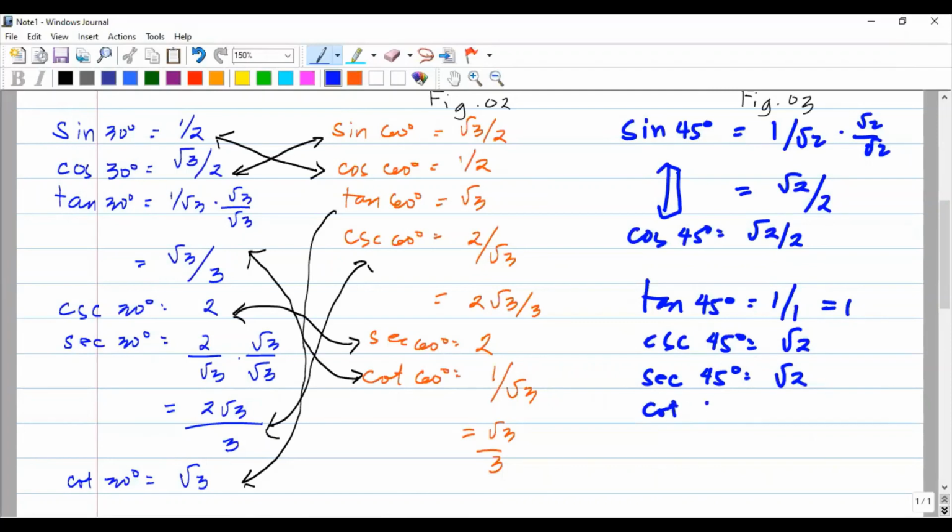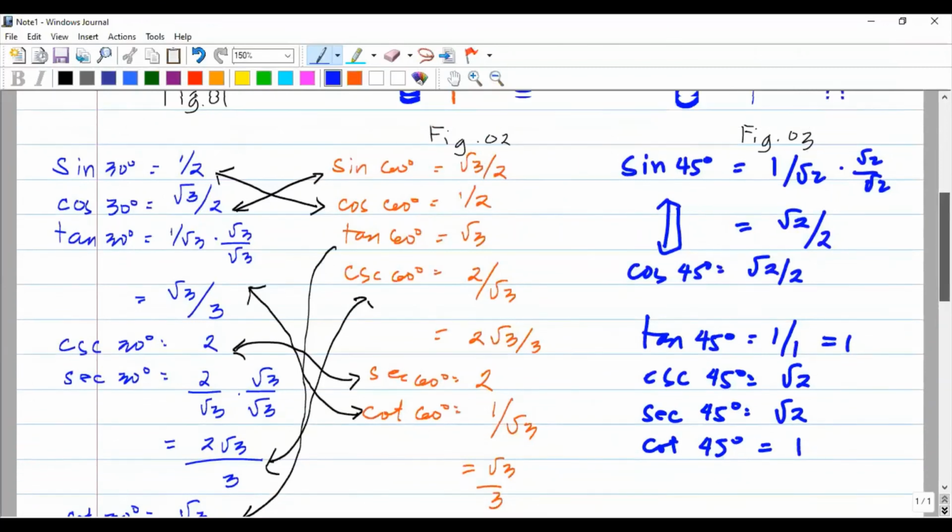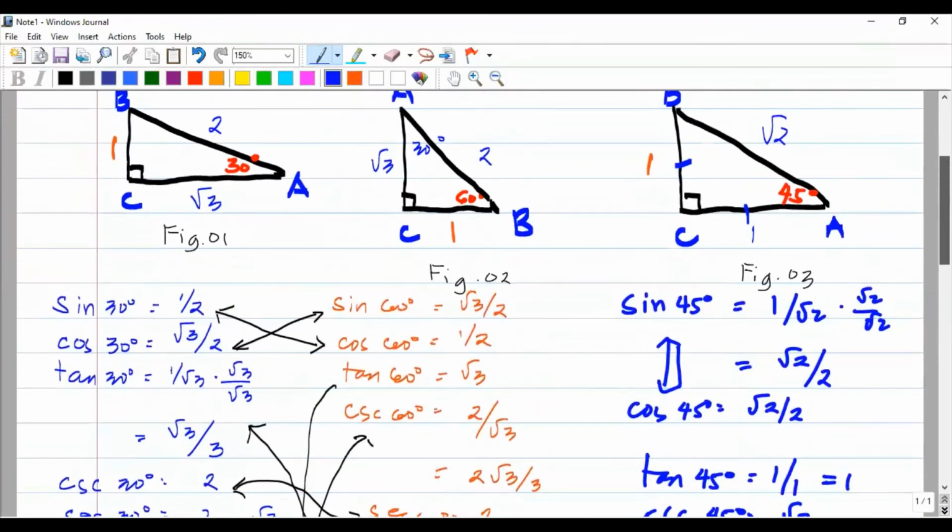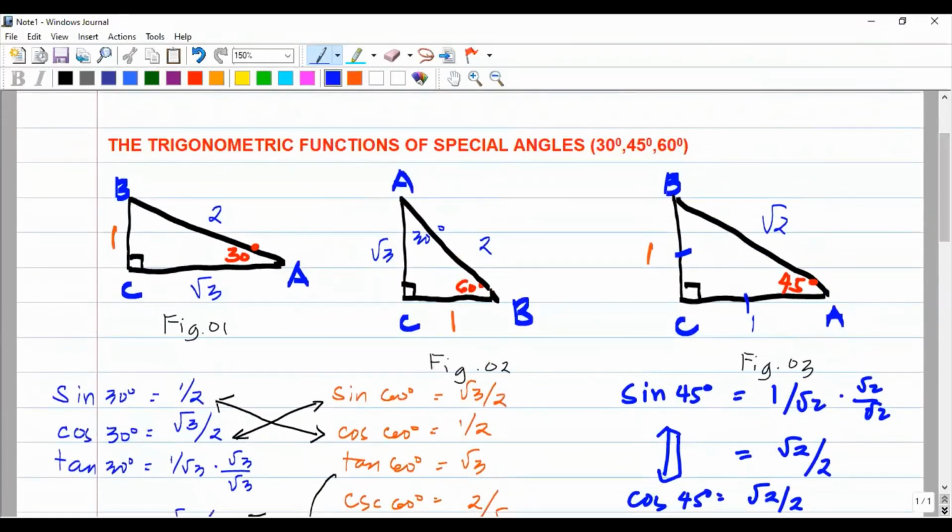And the cotangent 45 degrees is equal to the inverse function of tangent 45, which is also equal to 1. So these are the trigonometric function values of the different special angles, 30, 45, and 60-degree angle.